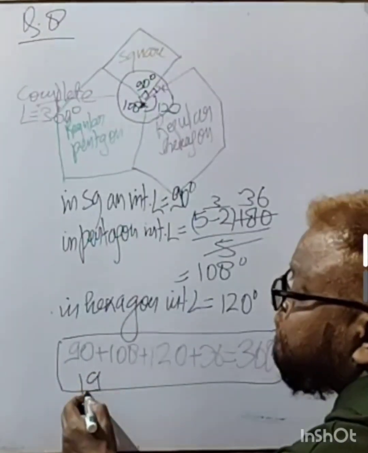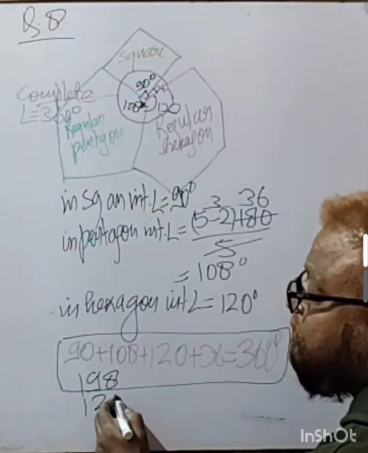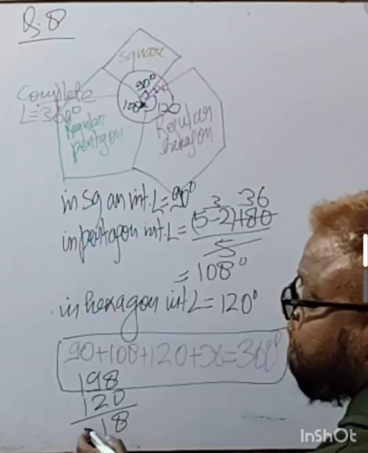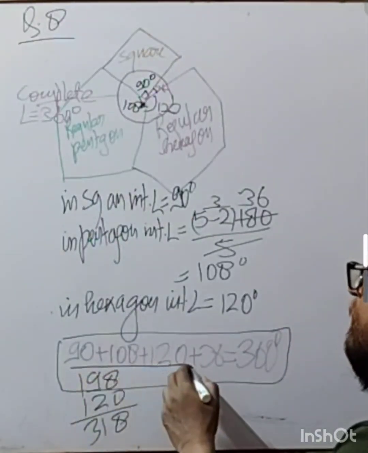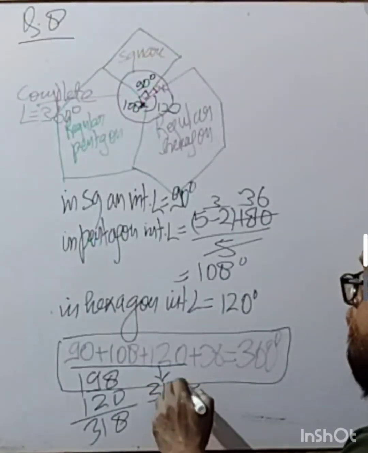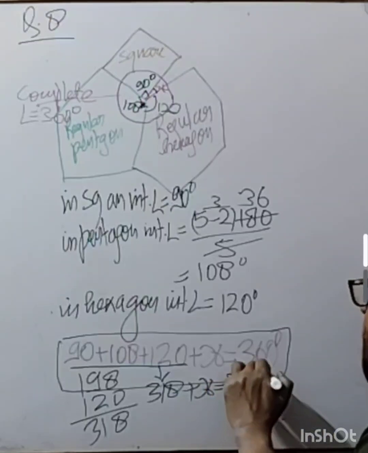It's 318. So 318 plus x is equal to 360 degree.